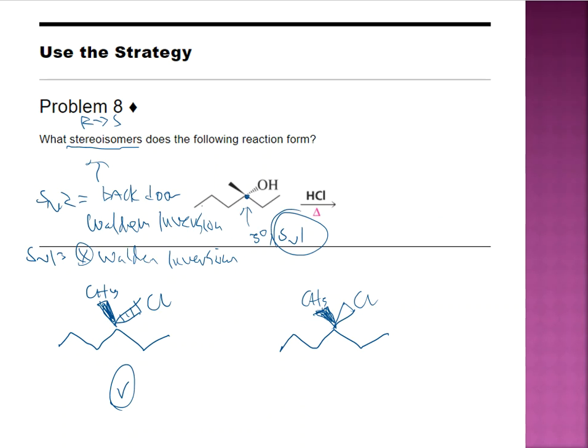Well, if it does that, this started off to be a dashed wedge. Well, now we're going to have to write a solid wedge because it came through the back end. Walden inversion took place. So both of these are going to be in existence. I'm going to get both of these as a product. So that's a very easy way to kind of think about, hopefully, the stereochemistry between SN2 and SN1s in regards to the alcohol group.